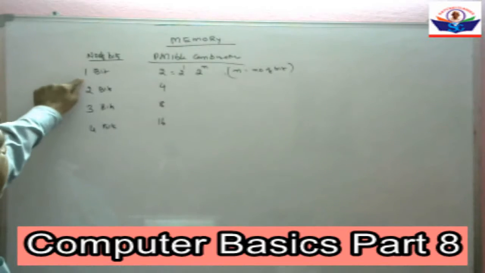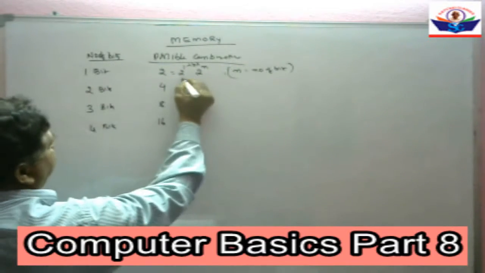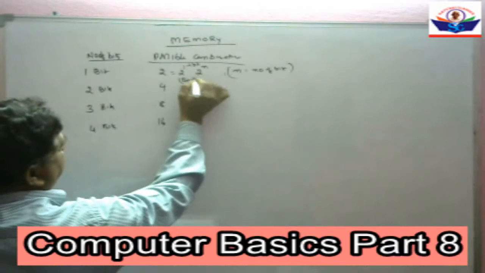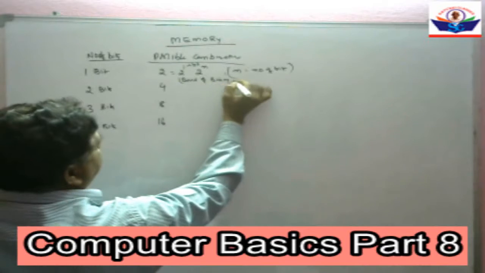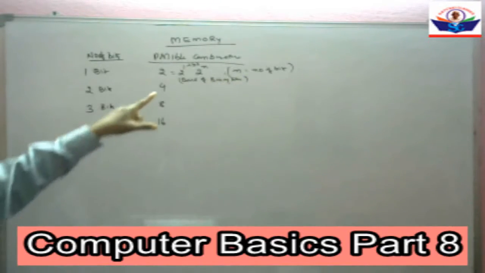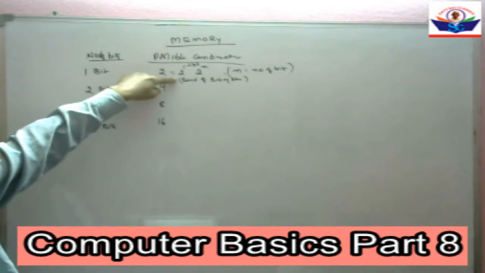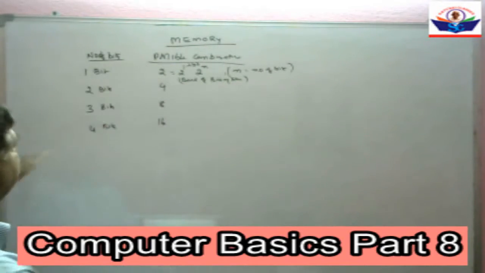That means 1 is the number of bits, and 2 is the base. What is the base for binary numbers? 2 is the base for binary numbers and 1 is the number of bits. So with 1 bit, 2 possible combinations.